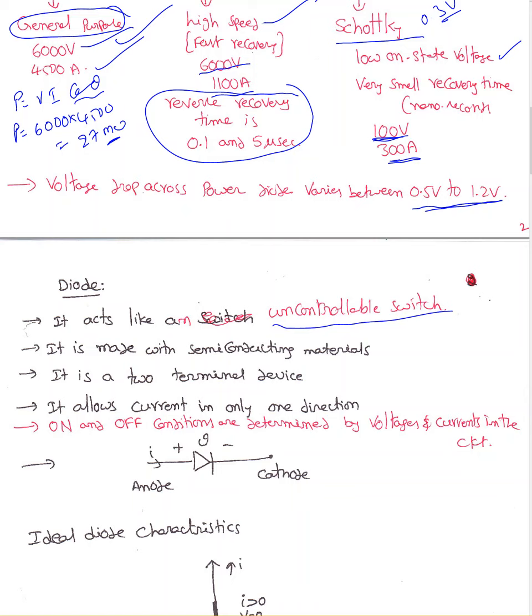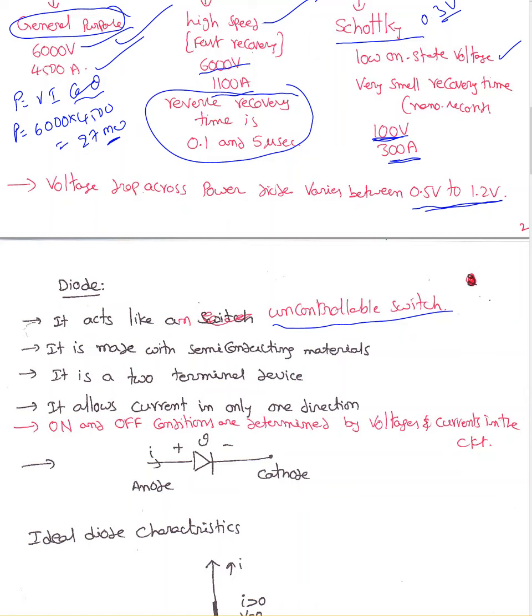So it's an uncontrollable device, and it is made with semiconducting material, as I mentioned, silicon. If you take silicon and add some impurities, adding a pentavalent impurity gives us more electrons, making n-type material. If you add a trivalent impurity, meaning 3 valence electrons, we end up with more holes.